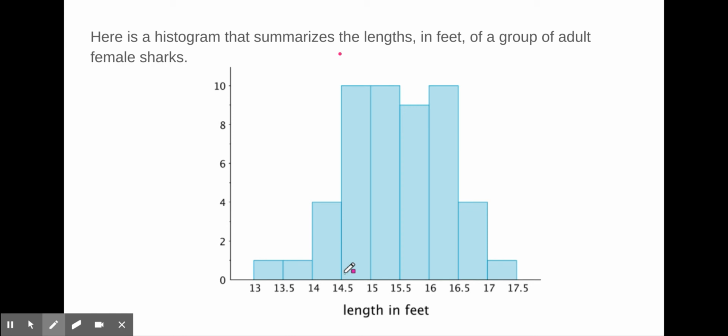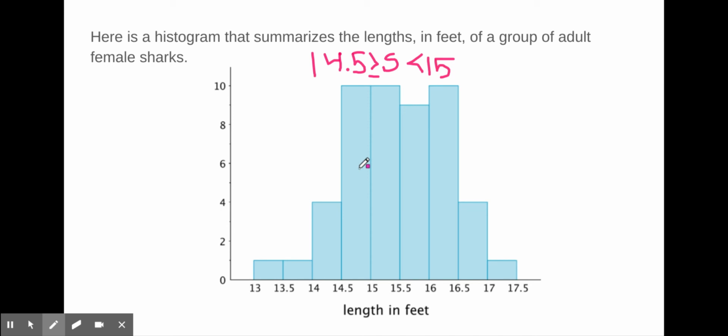So if we have this bin here, 14 and a half to 15, this would be all the sharks, let's call it S, that are greater than or equal to 14 and a half feet, but also less than 15 feet.